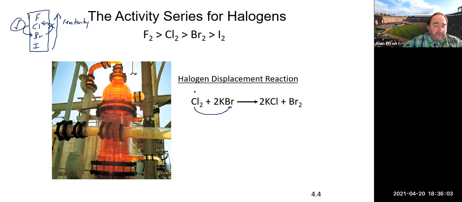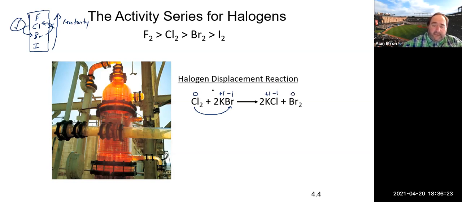Also, again, a redox reaction, that's 0. That's +1 in terms of its oxidation state. That's -1. Again, bromine being -1 here because it's an ionic compound. On the other side, +1 for potassium, also -1 for the chlorine because it's an ionic compound. Bromine by itself, 0.